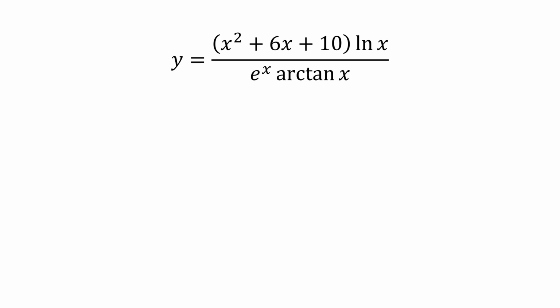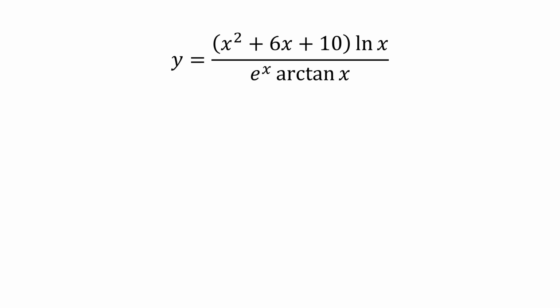Next, we use logarithmic differentiation to find the derivative of y equals (x squared plus 6x plus 10) times the natural logarithm of x, all over e to the x times arctangent of x.